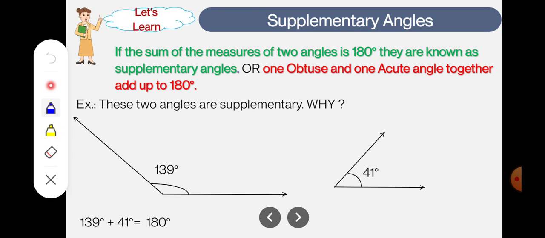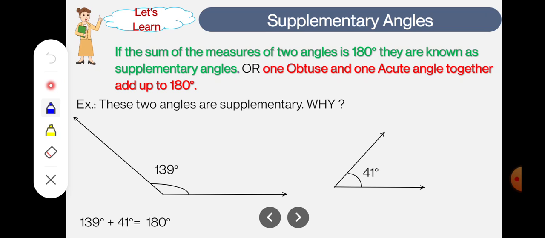It is not mandatory that they form in one angle only. If two angles are separated, but their sum is 180 degrees, they are supplementary angles.